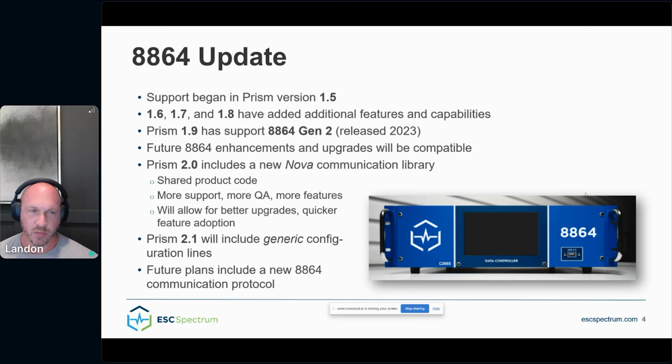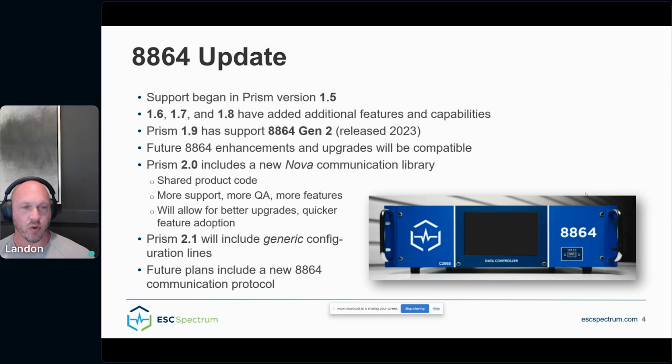So this Prism 2.0 update gets that 8864 Nova communication library into Prism. That basically just means we have more QA resources going into it. We can get faster and better upgrades and compatibility, with more resources working on that library since it is shared across all the products here at ESC Spectrum.